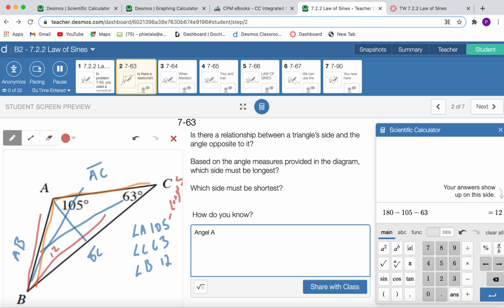So angle A, 105 degrees. Don't know where my degree button is. It would be the longest side.